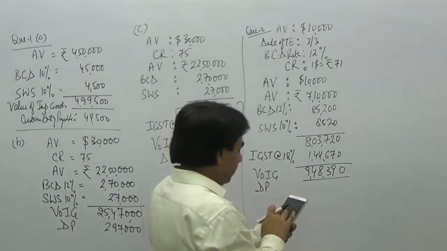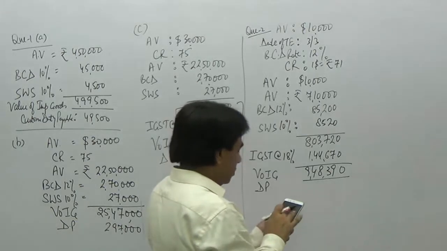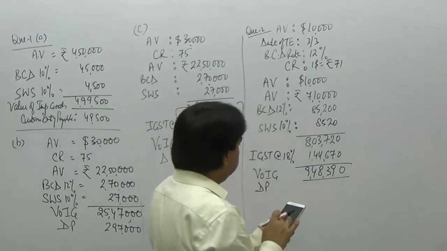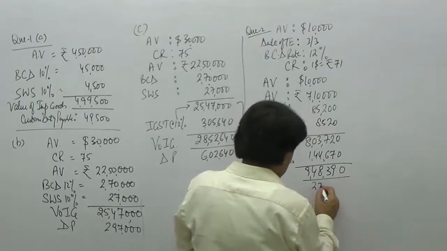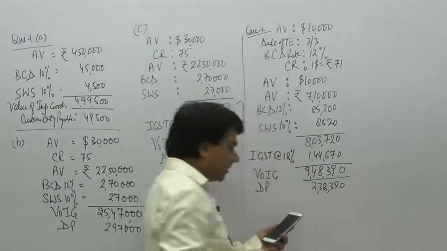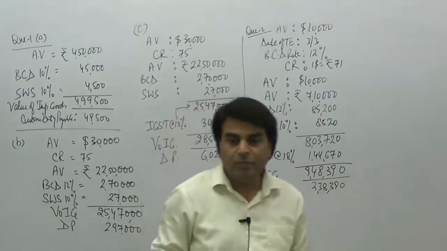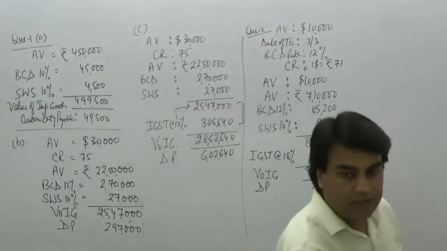So it is 85,200 plus 8520 plus 144,670, and this comes to 238,390. 2,38,390. This is the amount of duty including your IGST.